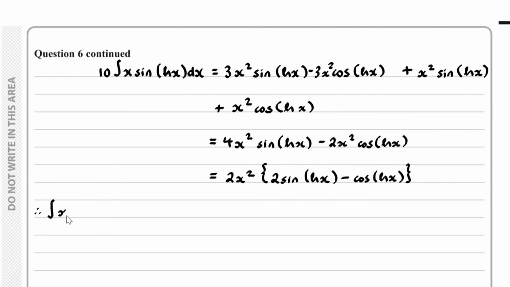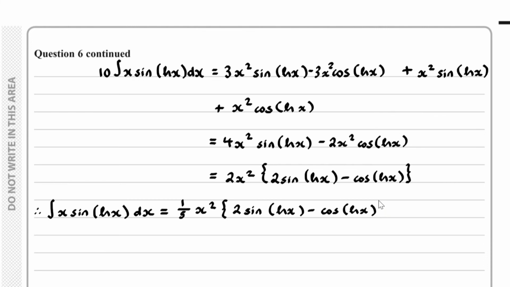So the integral of x times the sine of natural log x with respect to x is equal to, rather here I'm going to have 1/5, because I've got 2 divided by 10, multiplied by x squared multiplied by 2 times the sine of natural log x minus the cosine of natural log x, as we see here.